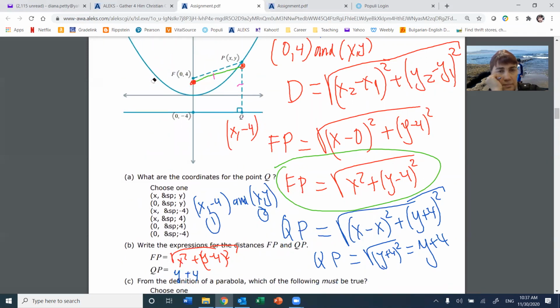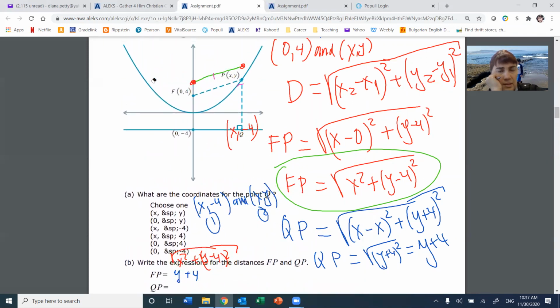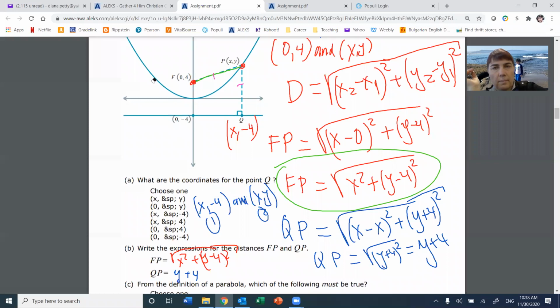P is the distance from here to here, or from here to here, right? And because it opens up, P is positive. So P actually equals 4, right?